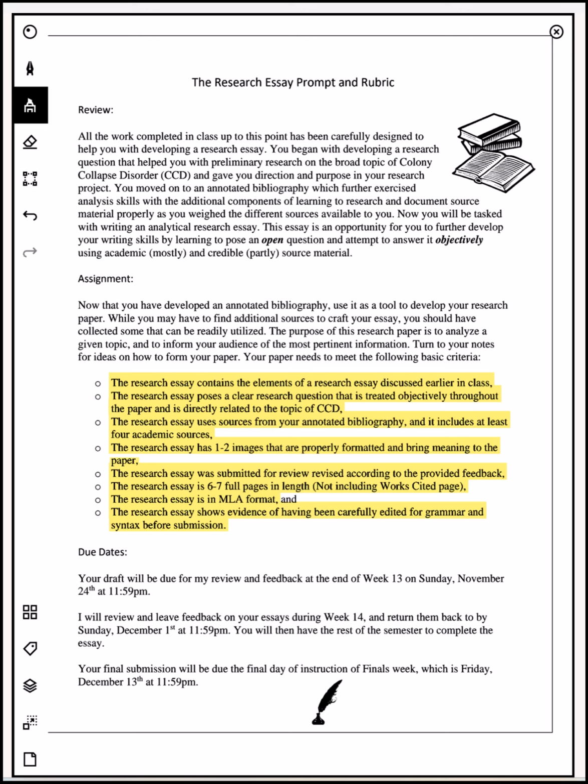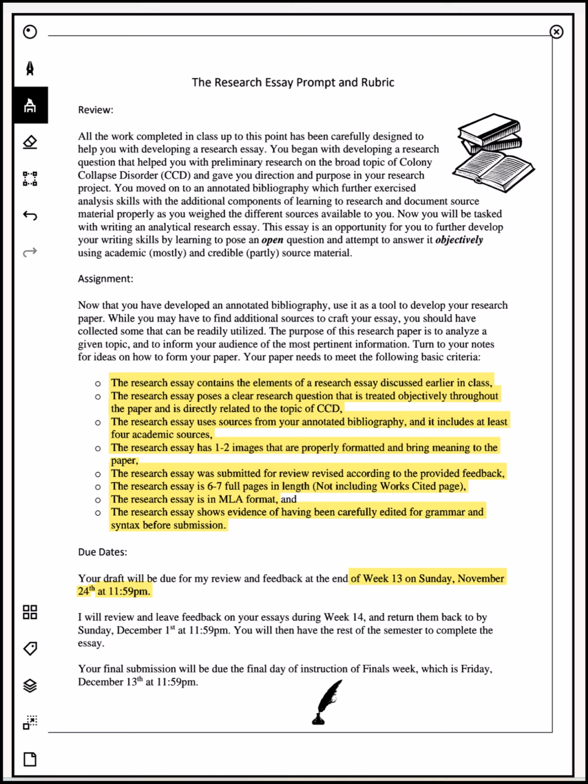Okay, due dates. So your draft will be due for my review and feedback in week 13 on Sunday, November 24th at 11:59 p.m. I know on the rubric it says nothing due. I need to go back and fix that. But really, at the end of the week, you need to upload the essay so that I can have time to give you feedback the following week.